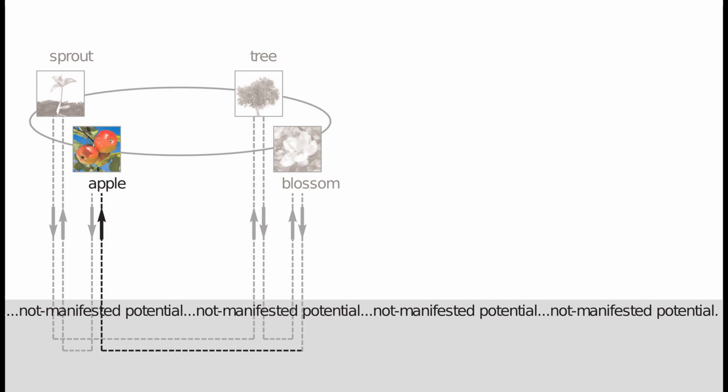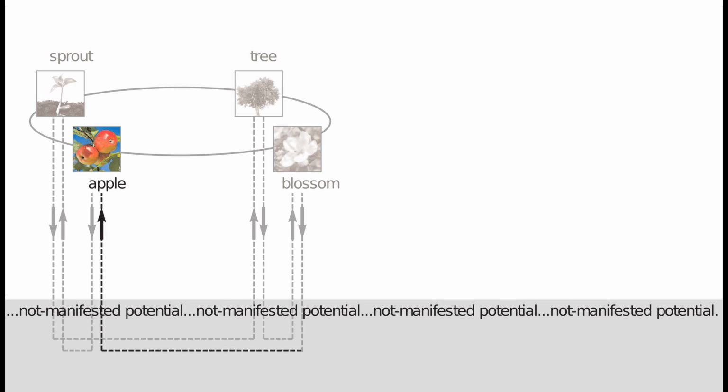This graphic shows very clearly that all individual processes are connected as if in a complex organism. In this lively network, the individual phenomena such as apples, sprouts, trees, and blossoms can now be initiated and developed in a correct order and at the appropriate time.